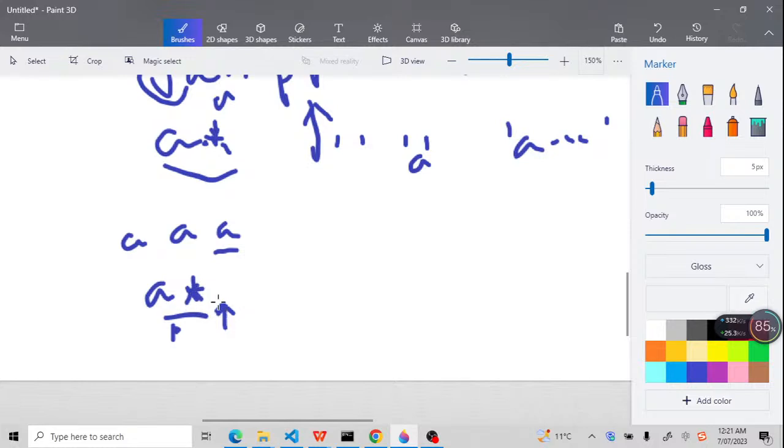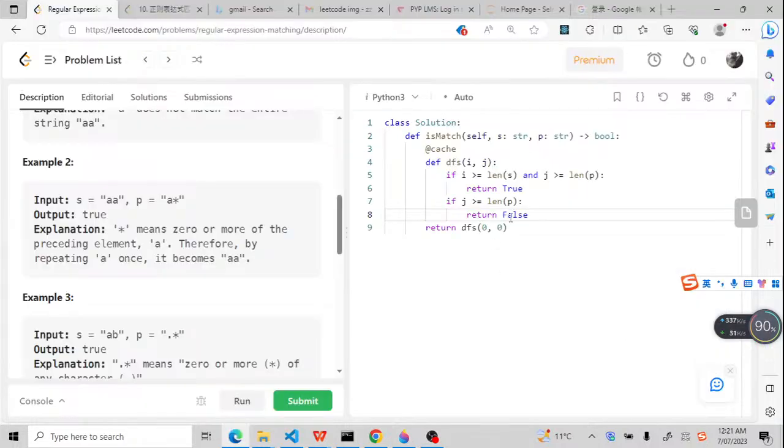Because if J moves out and I is maybe still here, because I is not outside the string S, I may be other places, but J has already moved out. We cannot use anything else, so we need to return false.